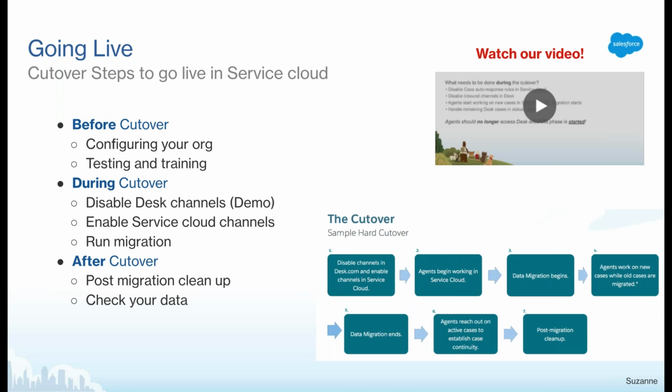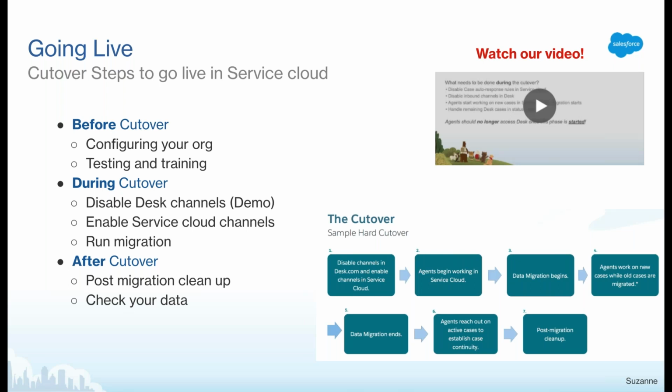So what that means is you pick a specific date for when you want to do that cutover, and then you start performing specific cutover tasks. Some of those tasks are listed here in this little sample cutover slide in the image. You'll need to turn off your channels in Desk. You'll want to also enable those same channels in Service Cloud.